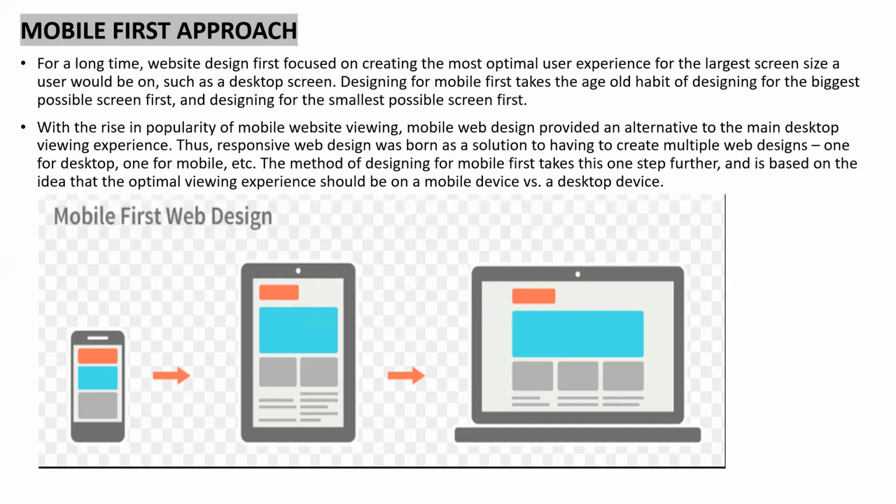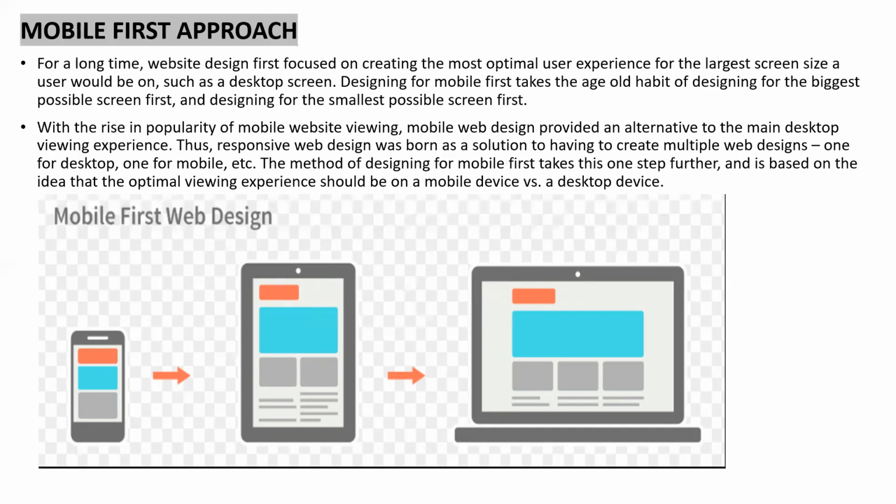So this mobile first approach has taken one more step ahead. Looking at it from the design perspective, as in the responsive design approach, they made some changes, took the optimal viewing experience into account, and started developing on mobile devices.